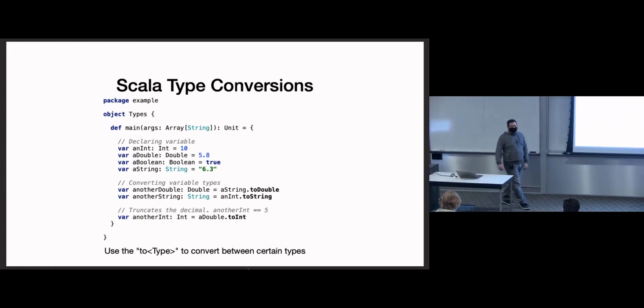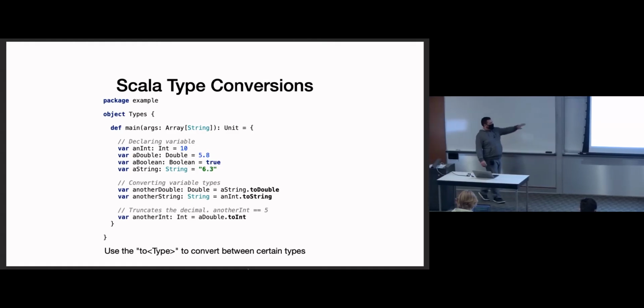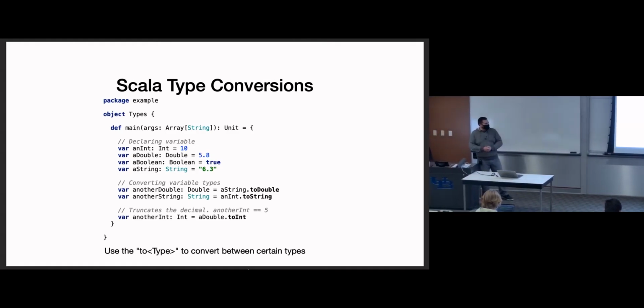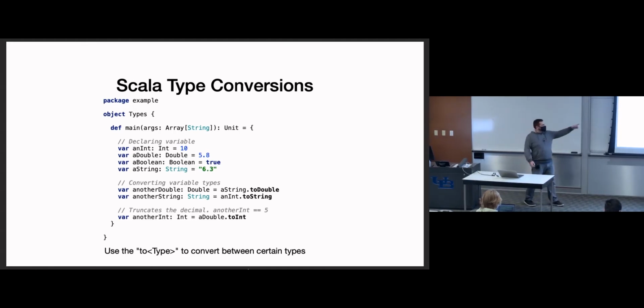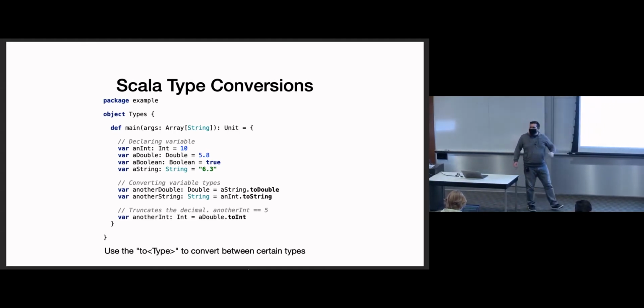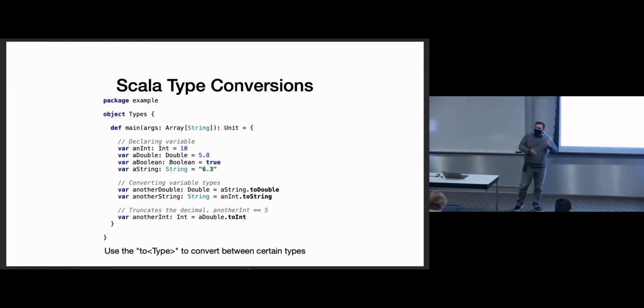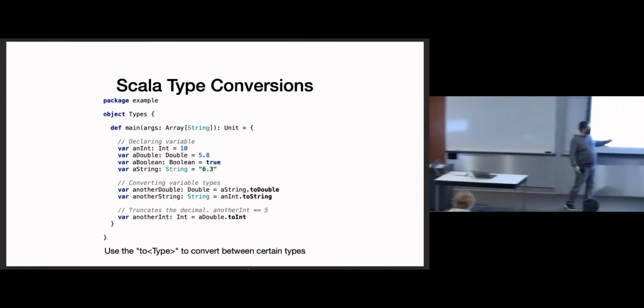It just doesn't know how to do it. Since this is a well-formed double, 6.3, Scala will be able to convert that. Same with ints. If this were 63, then Scala will be able to convert it to an int. You'll be able to hit it with toInt, which it'll do for the populations in task 2. Get the population from the CSV file, .toInt, and that'll give you the population as an integer instead of as a string.